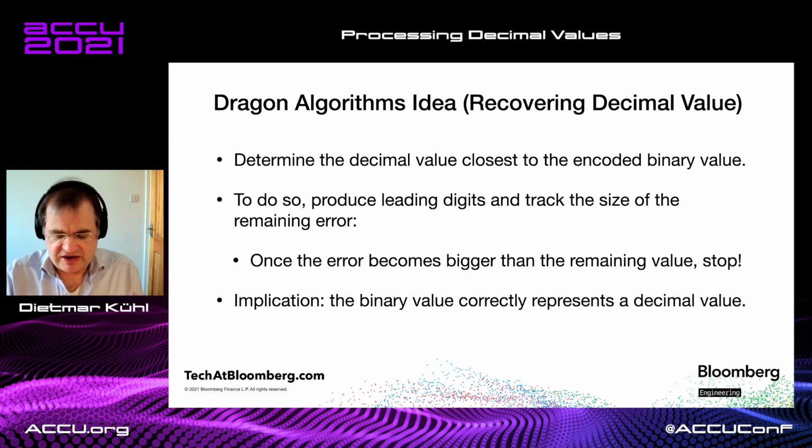So basically every time it multiplies by 10, it multiplies the error by 10 and compares the error, which starts out with the smallest representable value in the decimal, against the remainder. And if it is too small, then it stops and it knows how to round up or down. This is the basic idea.